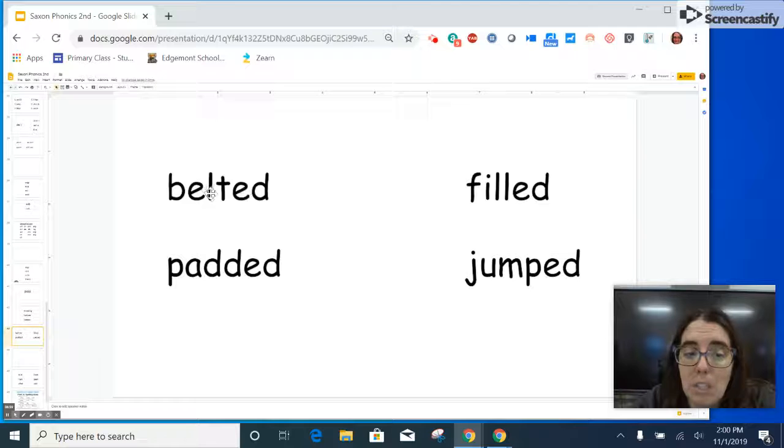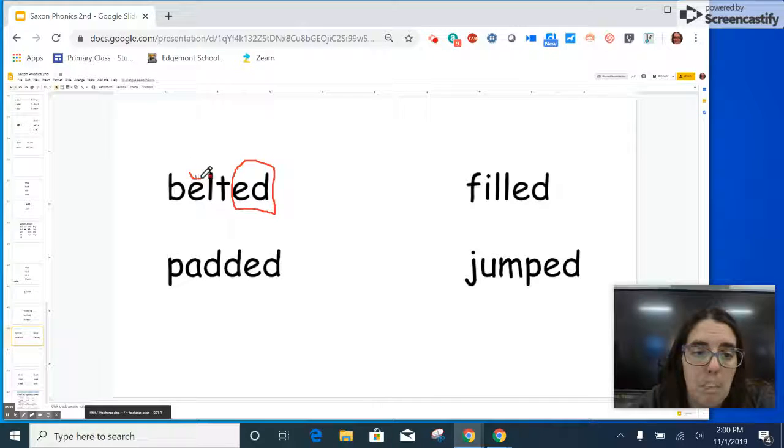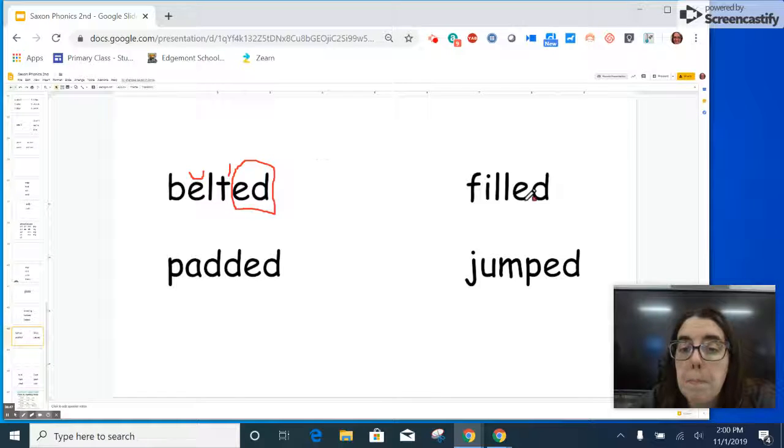So in the word belted, the suffix ed is saying it does have its own vowel sound. So we would code the word belt, box the ed, and put an accent mark to show that it's 2 syllables, belted. Let's look at this word over here.